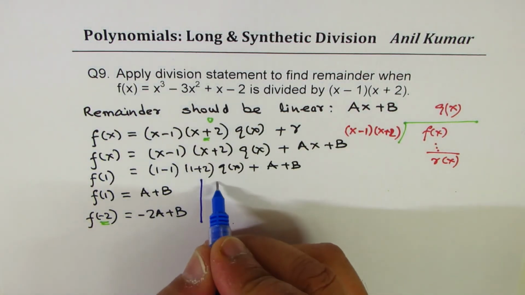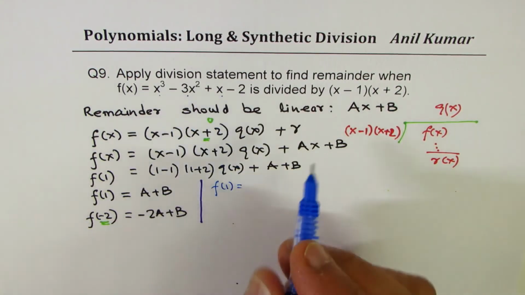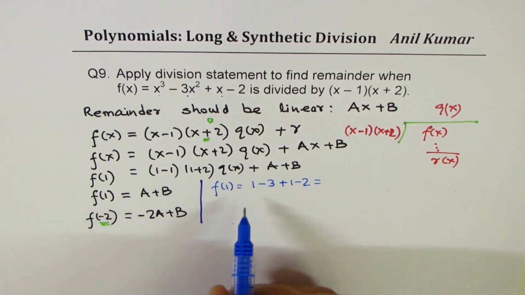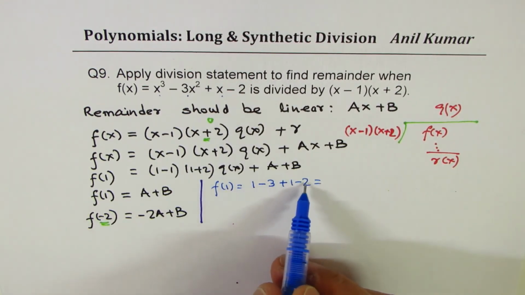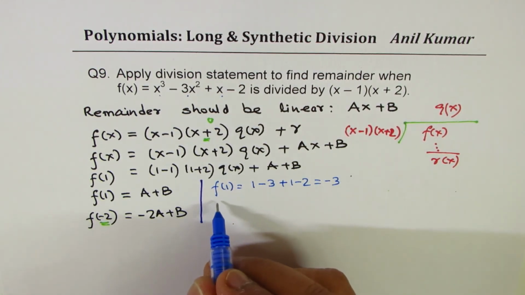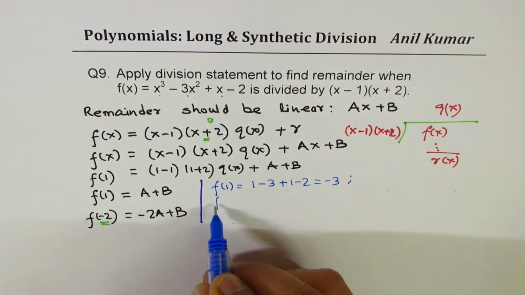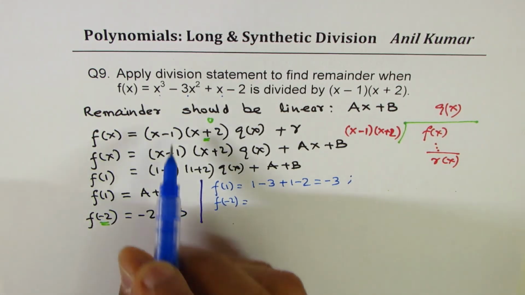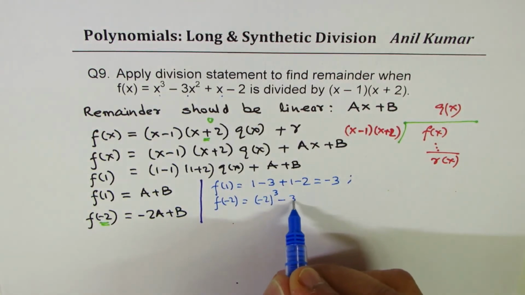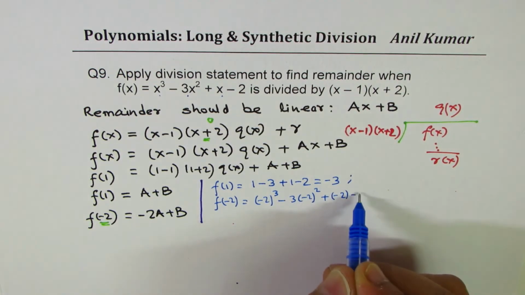So let's write f of 1 first. f of 1 really means substitute this x as 1. So we get 1 minus 3 plus 1 minus 2. And that is 2 minus 2 is 0, we get minus 3. And f of minus 2 should be minus 2 cubed minus 3 times minus 2 squared plus minus 2, right?